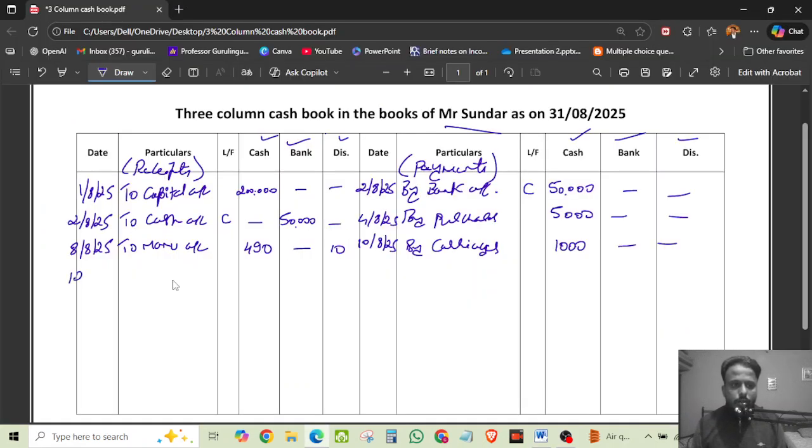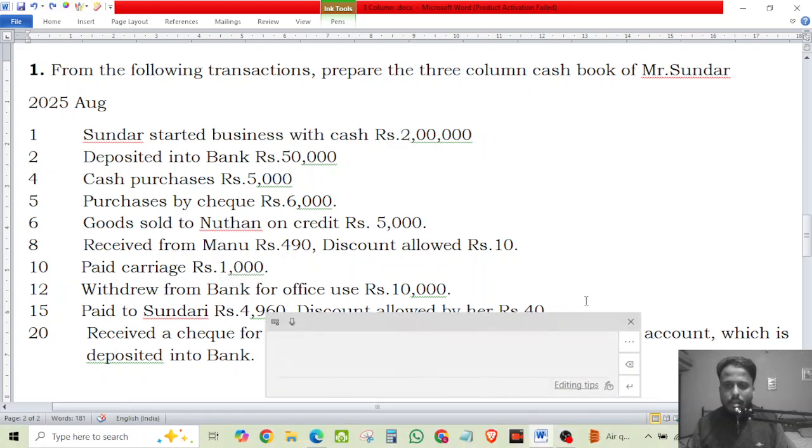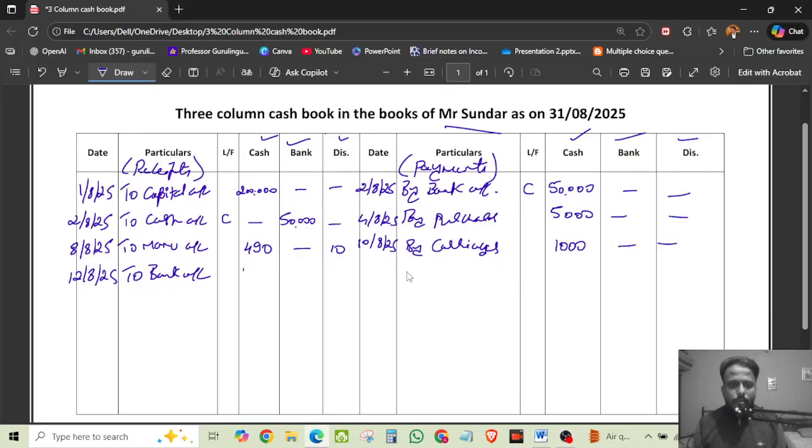On date 12/8/2025, cash account debtor to bank account. From bank, cash is coming inside the business. So write the amount in cash balance, that is 10,000.